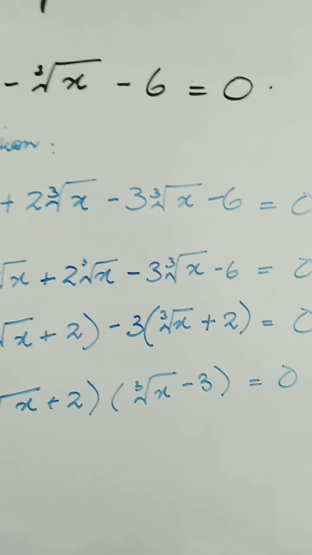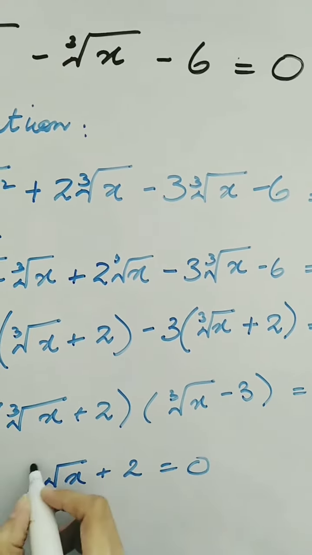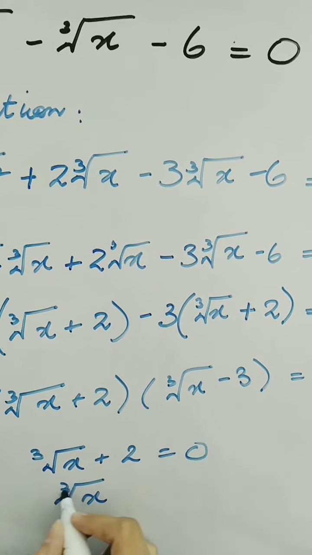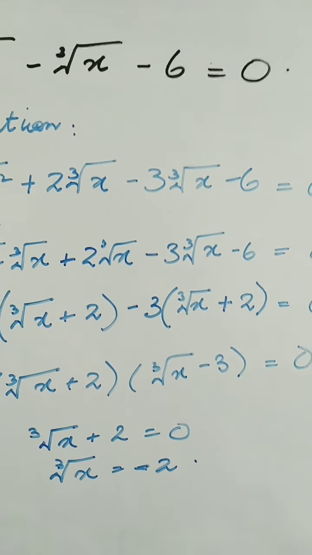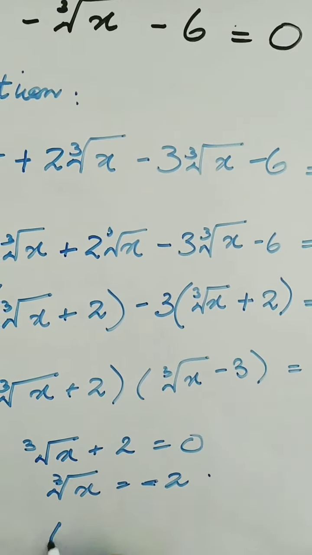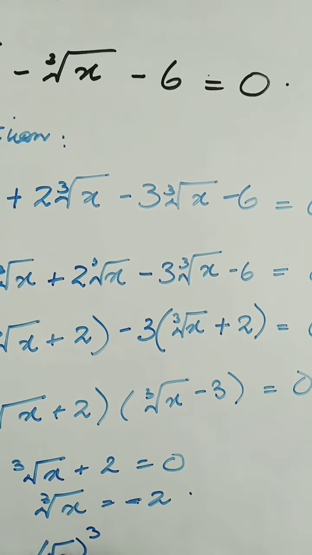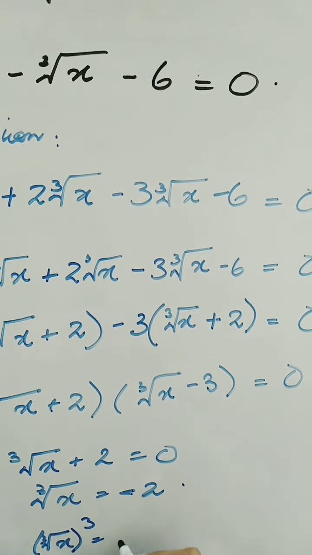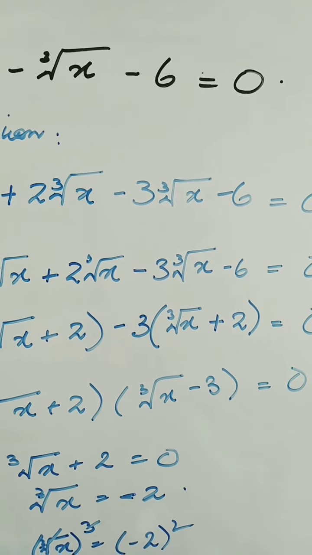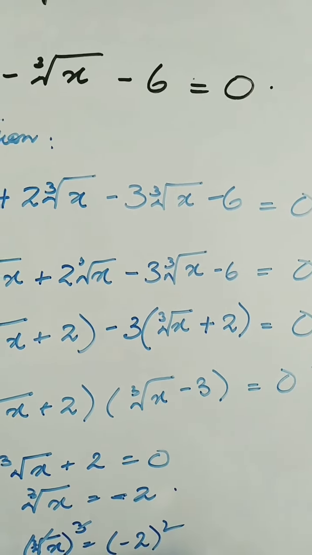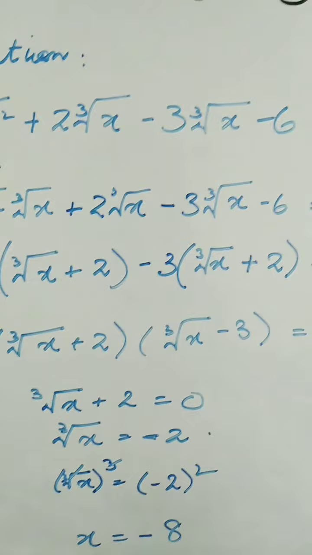So we have factors cube root x plus 2 and cube root x minus 3 is equal to 0. Now first we take cube root x plus 2 is equal to 0, and we have cube root x is equal to minus 2, and once we cube this in order to get rid of the cube root, we will have x is equal to minus 8, as minus 2 into minus 2 is 4, and when 4 is multiplied by minus 2, it becomes minus 8.